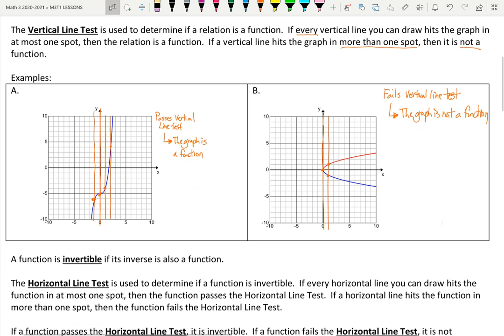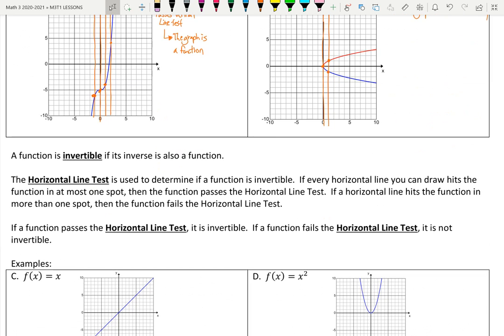The second part of today is invertible. A function is invertible if its inverse is also a function. We're going to talk about inverses in the next section, but basically it means when I switch my x for my y. So if I have the point 1, 2, notice here x is equal to 1, y is equal to 2 because it's a coordinate.